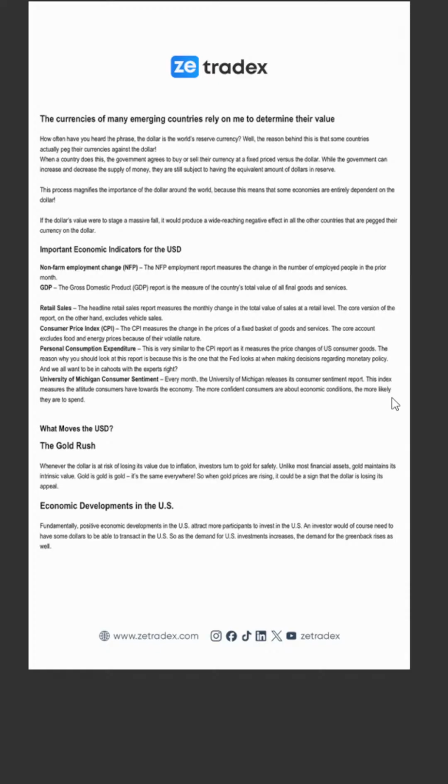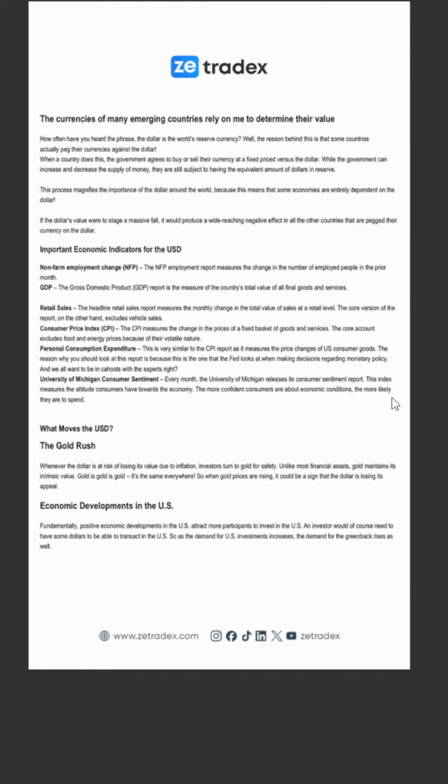The core version of the report, on the other hand, excludes vehicle sales, while the CPI measures the change in the prices of a fixed basket of goods and services. The core version excludes food and energy prices because of their volatile nature.